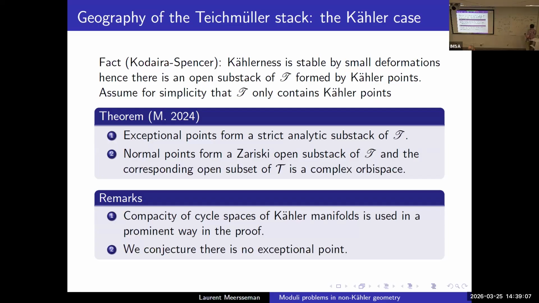You have, at most, in the worst case, thinking that the conjecture is false, another analytic substack of exceptional points. And then if you get rid of that, what you obtain is some complex Sorby space after some reduction process. It's a very rough description, but it's general.